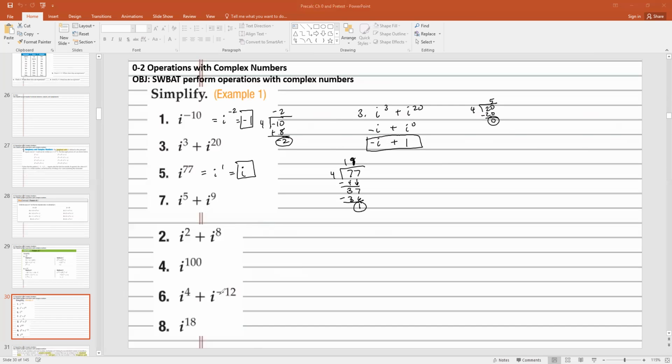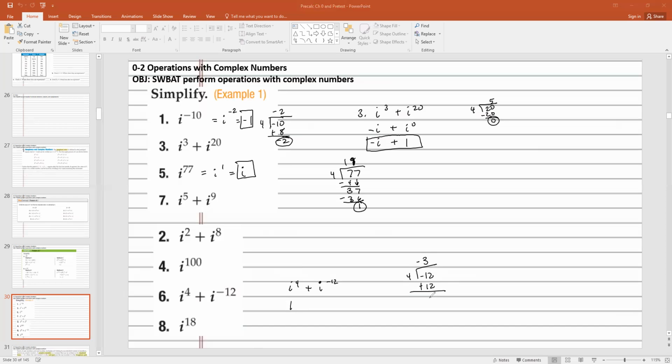And let's do one more. Let's do number 6. So number 6, we have i to the 4th, which we know is just 1, plus i to the negative 12. And negative 12 divided by 4. 4 goes into negative 12, negative 3 times.